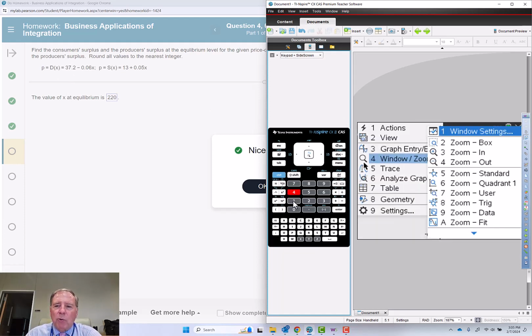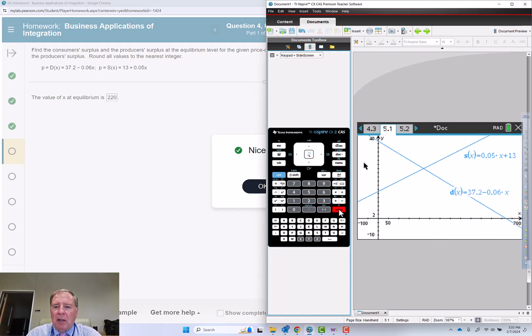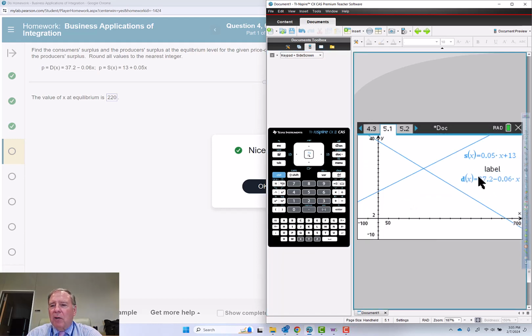Menu 4, 1. I'm going to go like negative 100 to 700, say by 50s. And then this y-intercept is 37, so I'm going to go like negative 10 to 40, say by 2s. And I should have a pretty good window there.